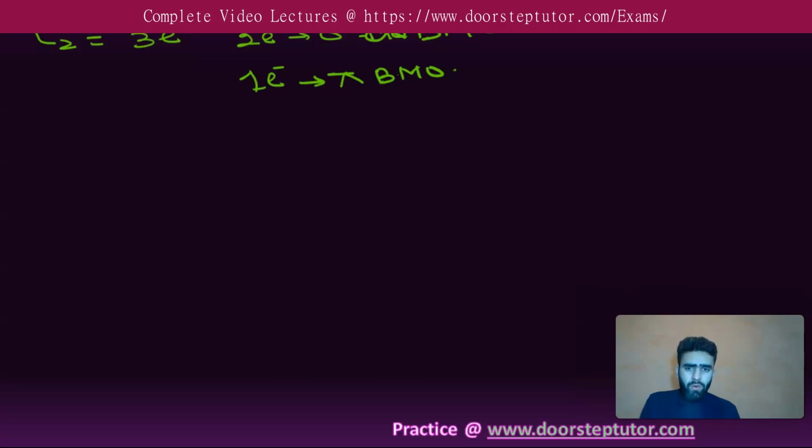Now if I have to calculate the bond order of this species, it will be equal to 1 divided by 2 times the number of electrons in bonding minus the number of electrons in antibonding, that is 0. So it will be 3 divided by 2, which is equal to 1.5.